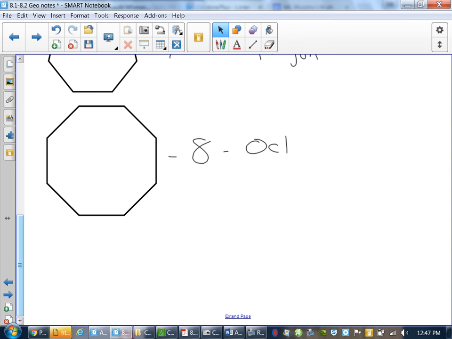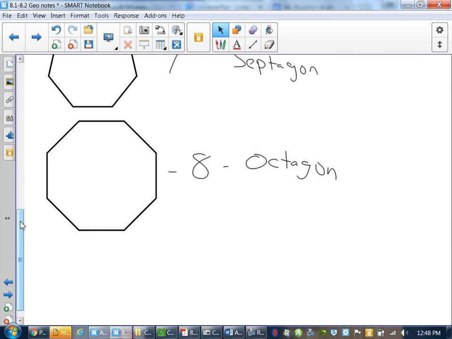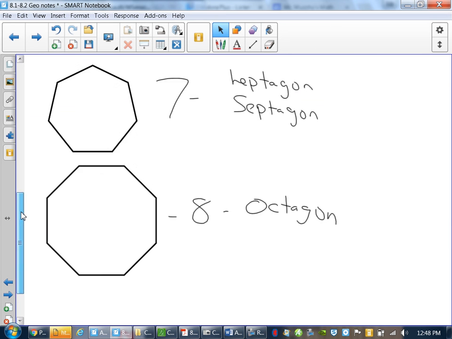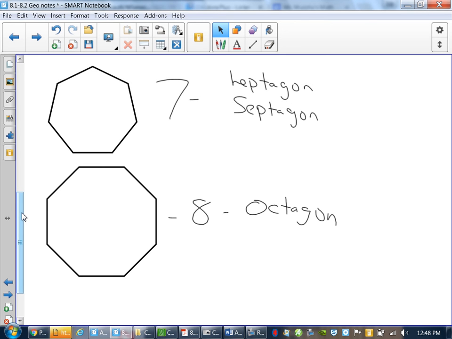Oh, and if it's bordered in white, it's optional. A nine-sided one is called a nonagon.